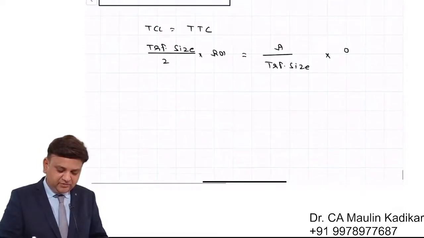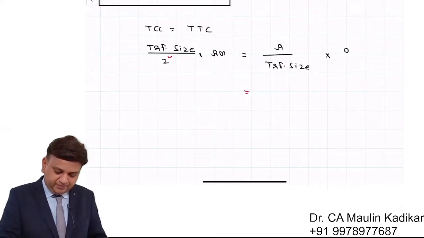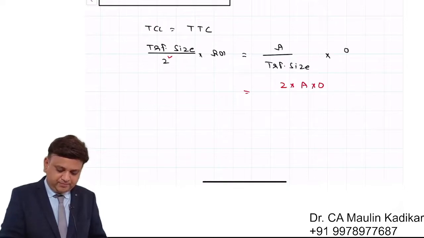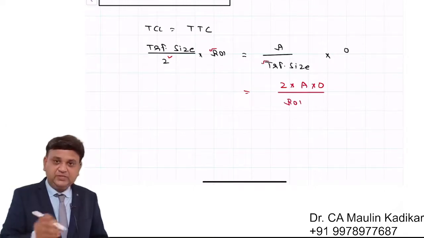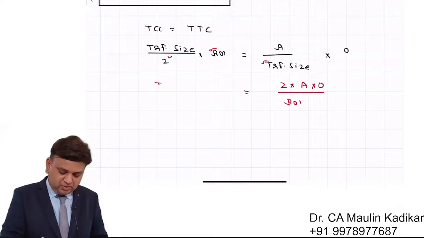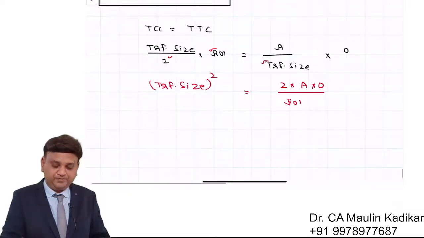Now basically what we have to do, 2 is required to be transferred on the opposite side, so it is 2 into A into O. The rate of interest is also to be transferred on the opposite side, so it will go in the division. Transfer size will also go on the opposite side, so it will be transfer size into transfer size. It is transfer size raised to 2.